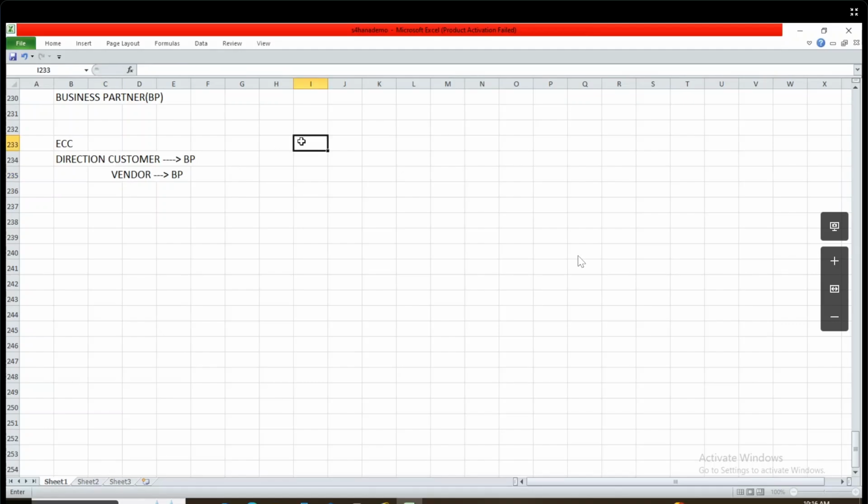If you see S4HANA, the direction is BP to customer, BP to vendor. So in ECC, we have customers and vendors, and we migrate them to BP. In S4HANA, we create BP in the back end, and the system will create the customer and vendor.